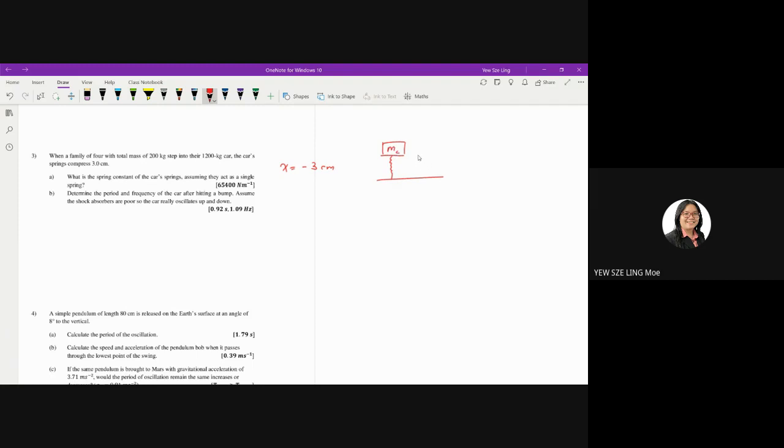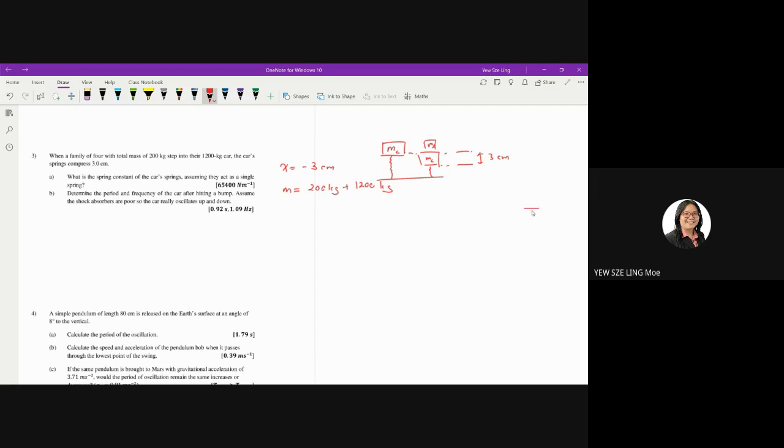Now you have a person step onto it, so now you have the mass of the family together. The spring is being compressed by 3 cm. So X equals negative 3 cm, and we have M equals 200 kg plus 1,200 kg. It is like you are hanging mass on a vertical spring.